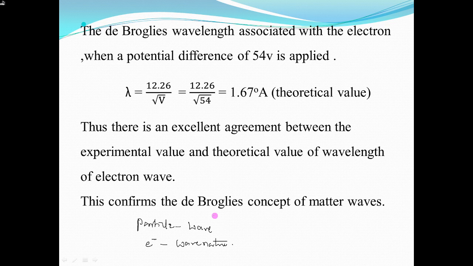They may ask in the question, establish an experiment to prove that the electron exhibits wave nature. This is the experiment we have. So this is about the Davisson and Germer experiment.